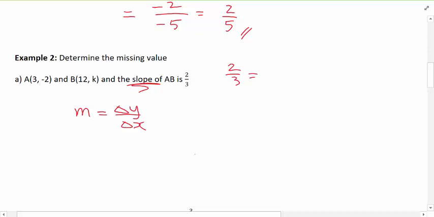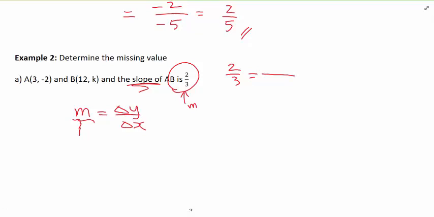Yeah. This is m, yes? This is m right here. So instead of m here, what I can write is 2 over 3. Okay. Now, that is equal to, okay, what is the slope of? That's the slope of these two here. So how would I write that out? Plug everything in. What would I write?